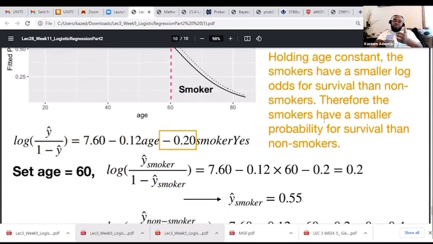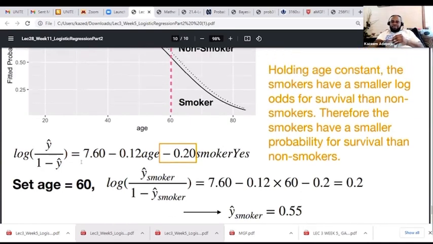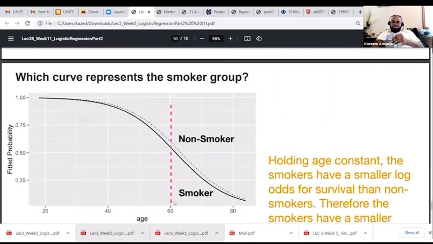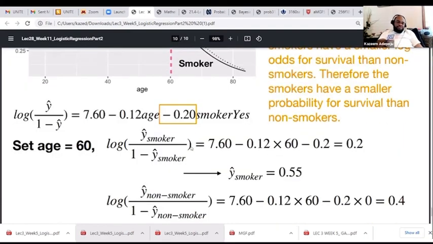And if you really want to figure out a way to predict for a particular person who is age 60, which is exactly what I'm using the graph here to do, for 60, can we actually predict the probability that the person is going to survive? You can use a model to do that, since you already have your model.